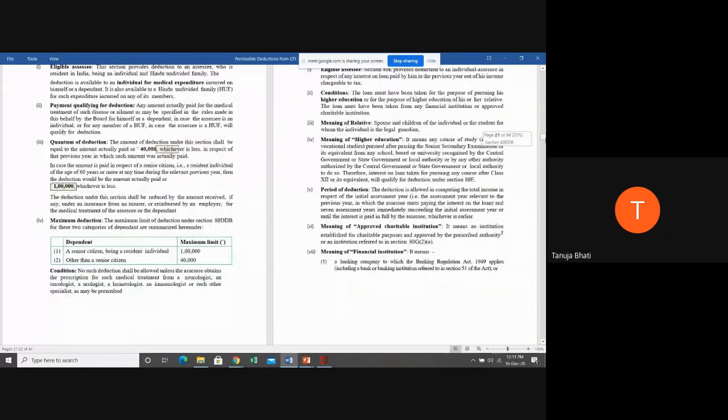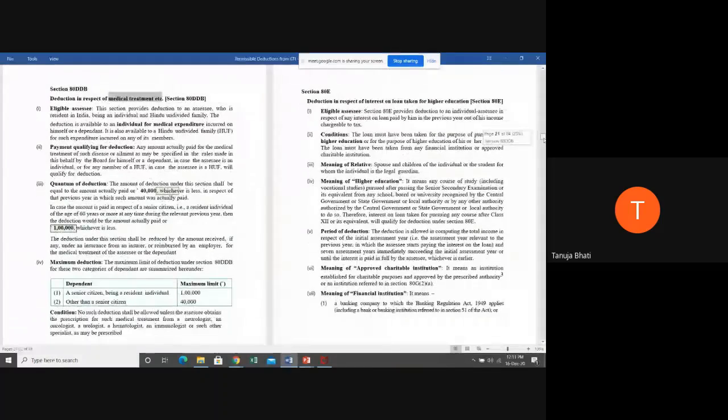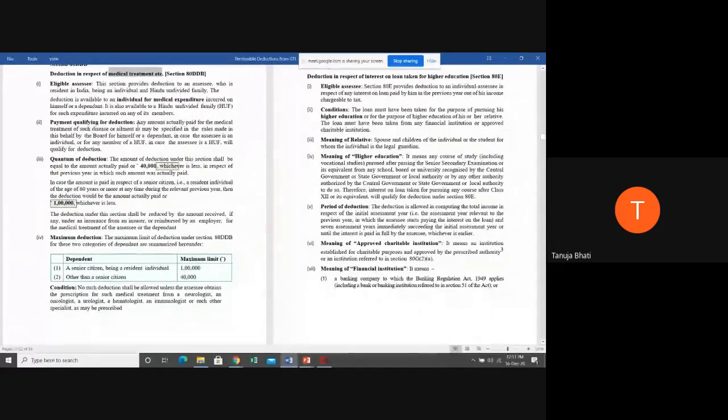So students, I hope you all have understood section 80DDB. 80DDB says that deduction in respect of medical treatment, which is incurred either on the individual himself or a dependent. And what you all need to understand is that it covers the treatment of those diseases that are specified in the rules. Only if they are covered, he will get a deduction of 40,000.